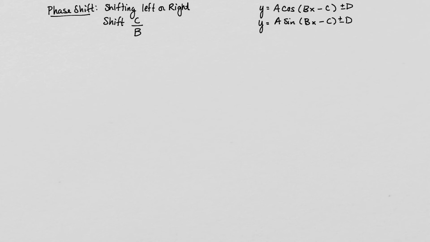But to be able to do this, you have to be really careful. Inside, you have to have a minus c, okay? And you might go, well, what happens if it's a plus? I'm going to show you. But we're going to work to make it look like a minus c. So we're always going to be subtracting something off.